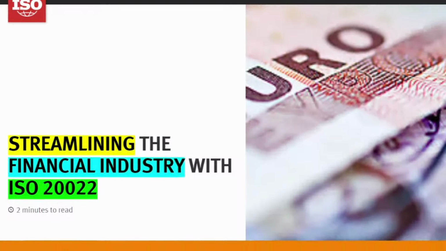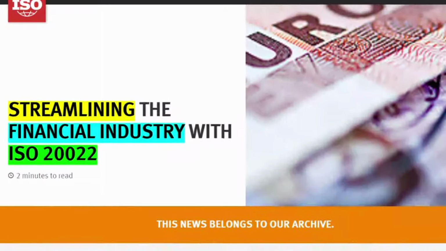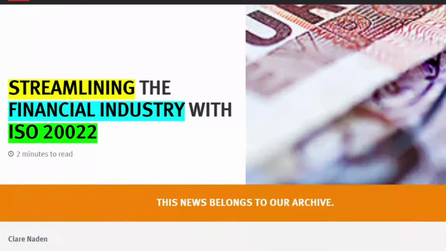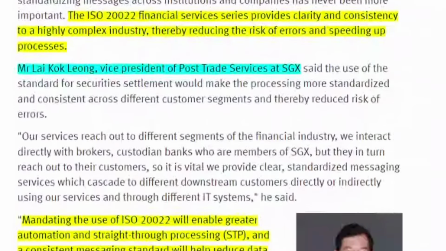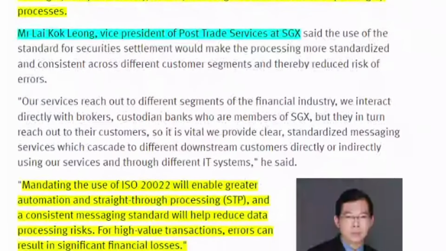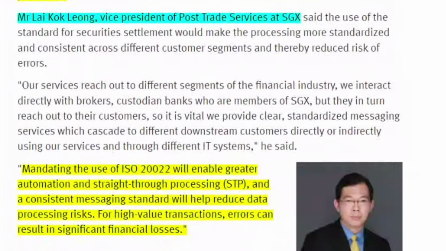Now, next I want to show you this article on the ISO website titled Streamlining the Financial Industry. This was written in 2014. In it, they talk with the Vice President of SGX, a multi-asset exchange out of Singapore. He states that mandating the use of ISO 20022 will enable greater automation and straight-through processing, or STP.